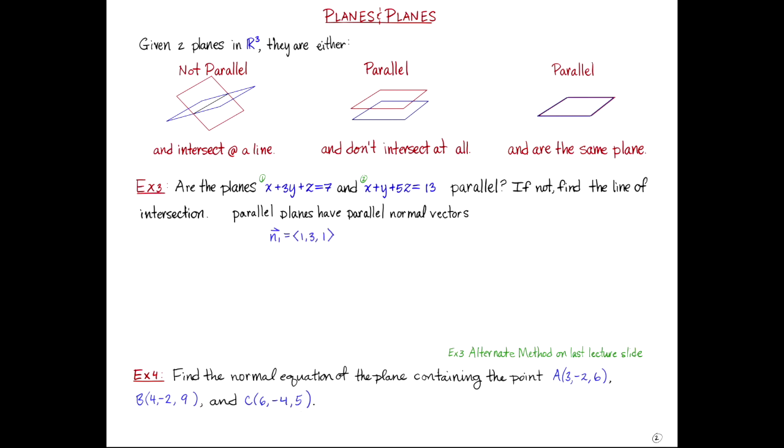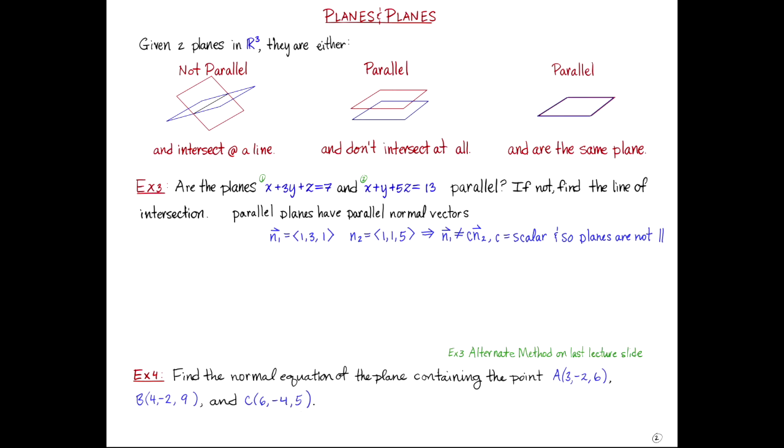And the normal vector of the second plane is 1, 1, 5. Telling us that one normal vector is not a multiple of the other normal vector, where c is equal to a scalar. And so that tells us that the planes are not parallel.